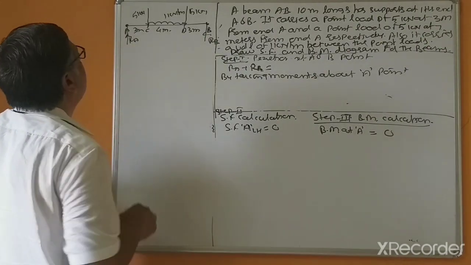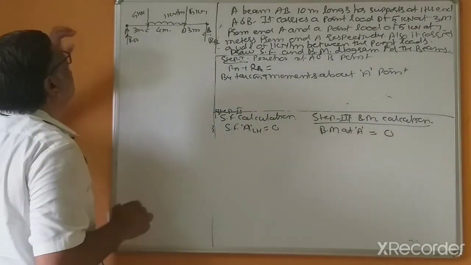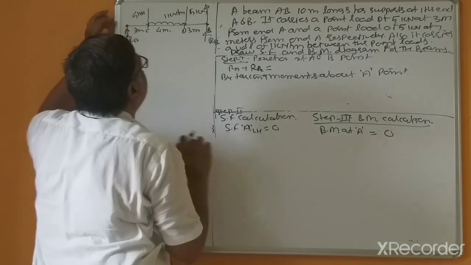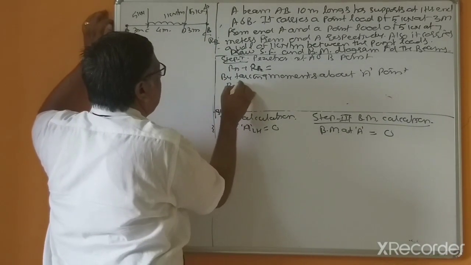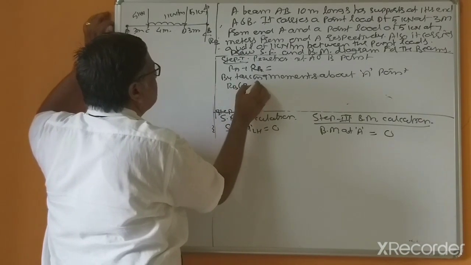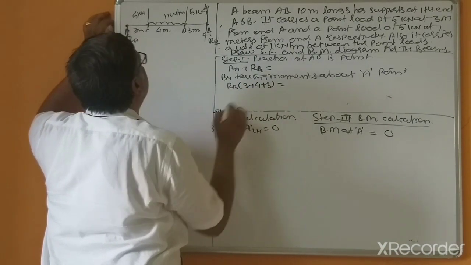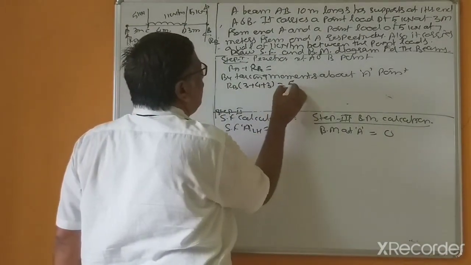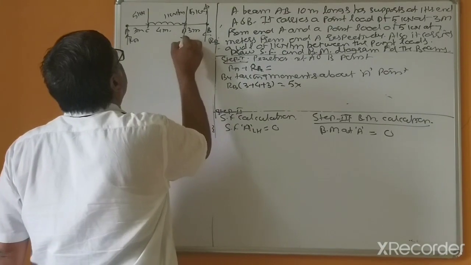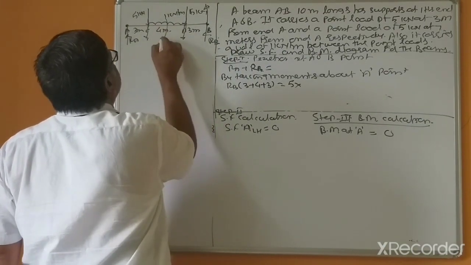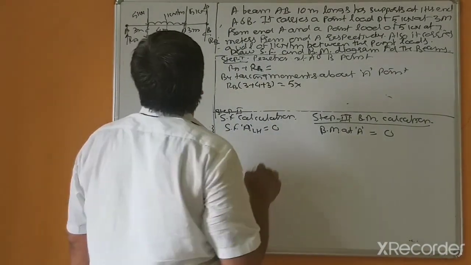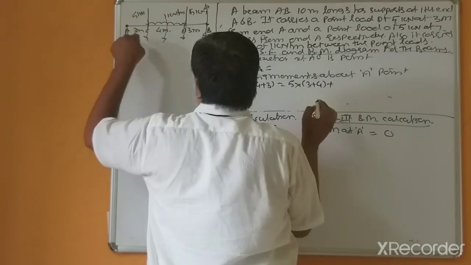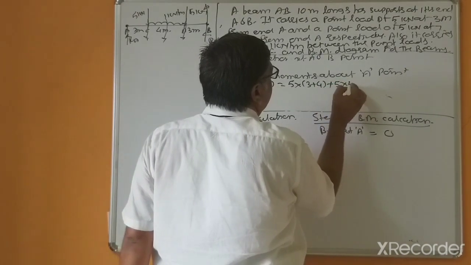By taking moments about point A, the distance is 10 meter, RB into 3 plus 4 plus 3 equal to the clockwise moments: this is one moment, this is another, and this is the third. 5 into 3 plus 4, second moment again 5 into 3.